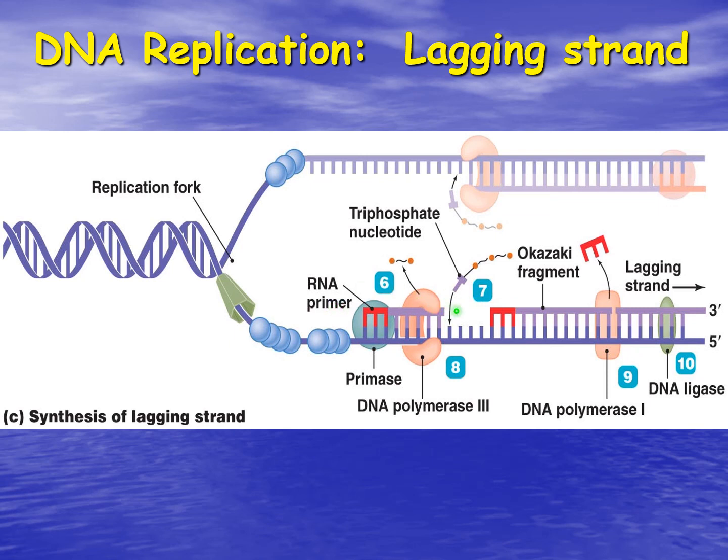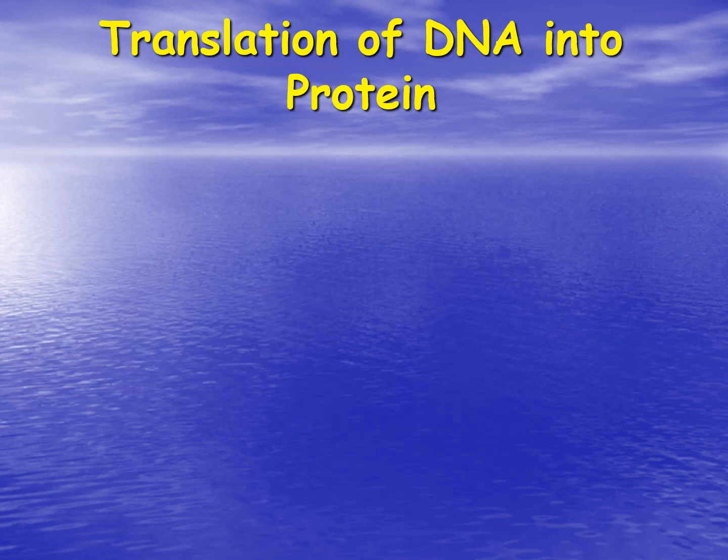When this DNA polymerase butts up against this RNA primer, it gets kicked off. Again, then an enzyme will come along and take out the RNA primer, fill in DNA nucleotides, and DNA ligase will then actually seal the nicks in the sugar phosphate backbone. This takes a little more time, and that's why this is known as the lagging strand.